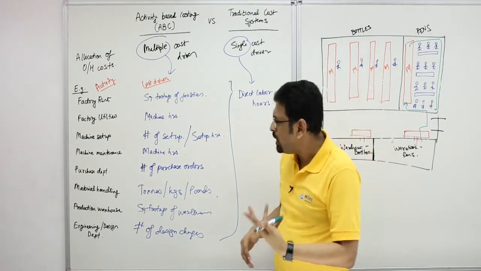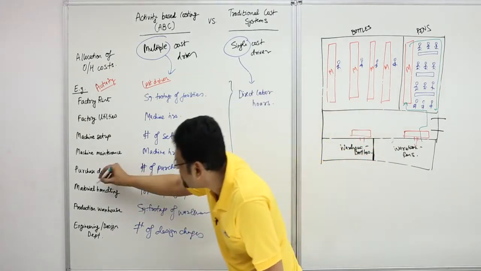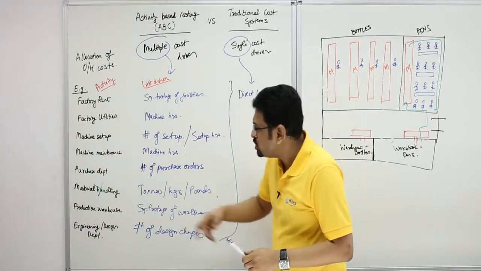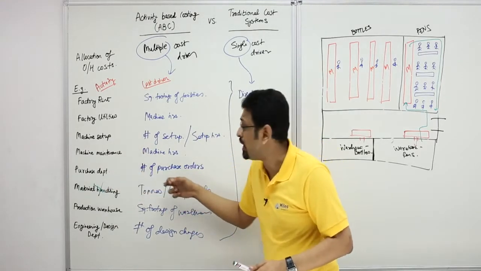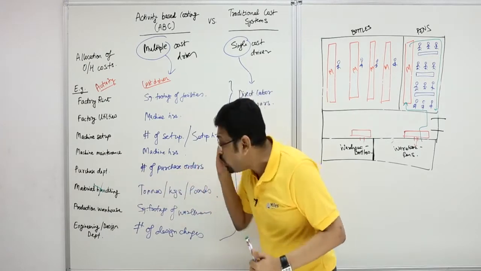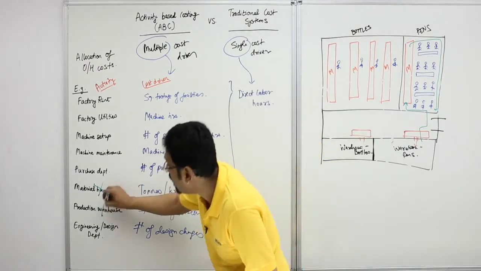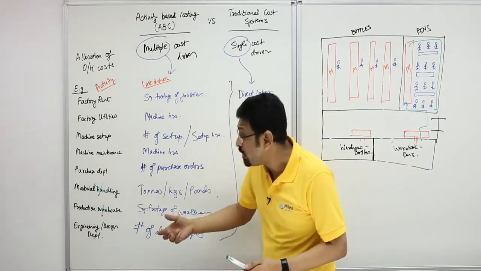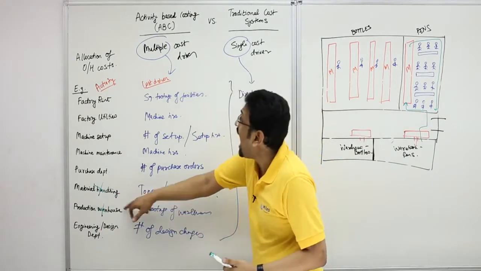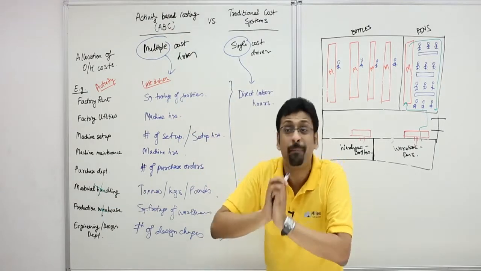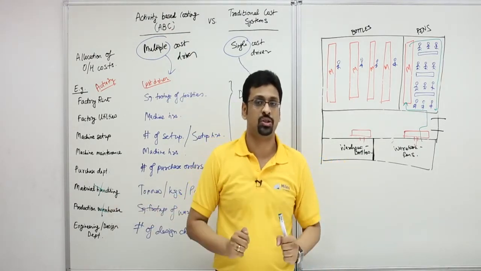So let us say, when we are looking at material handling, I said it's a non-value adding activity. So the amount of cost allocation that happens for material handling, we'll look into those costs and try to reduce those costs. Let's say we have production warehouse, again that's non-value adding. We'll try to reduce the cost here, because activity based costing would help us separately identify those costs.